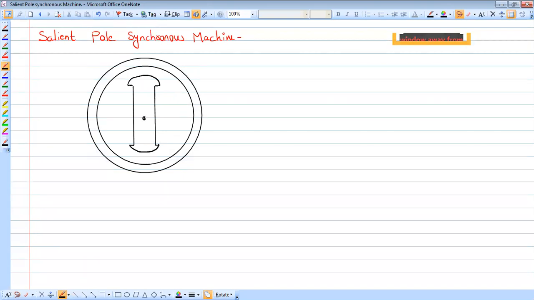Then, if you observe the air gap between stator and rotor, it is not uniform, right? So this is the direct axis. Why are we calling it a direct axis? The poles are aligned with this axis. Based on the pole alignment, we say the direct axis. So this is the direct axis, and this will be the quadrature axis.